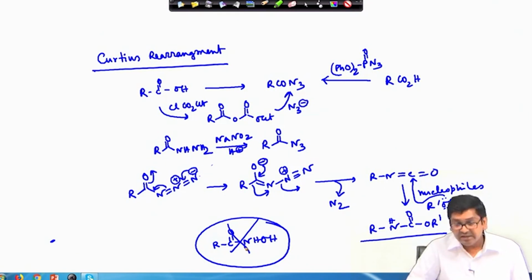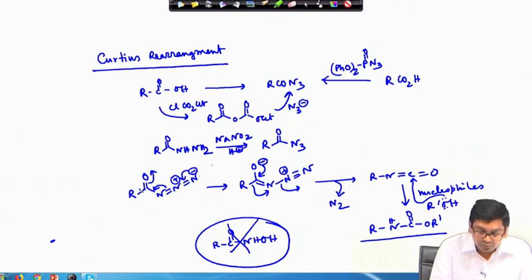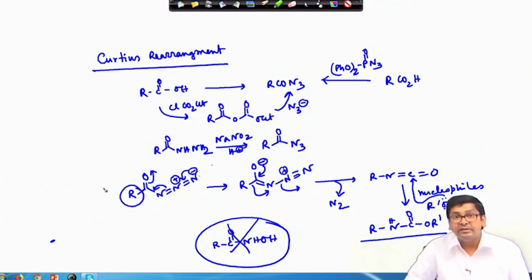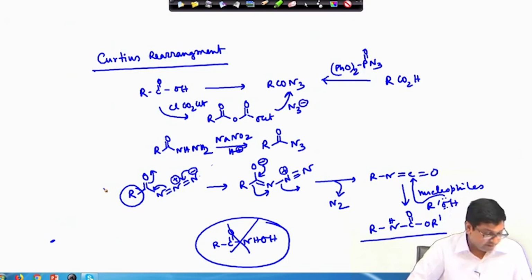Additionally, it has been found that if this R group is chiral, then after the 1,2 migration it retains its configuration. That means this reaction is definitely happening in a concerted manner.